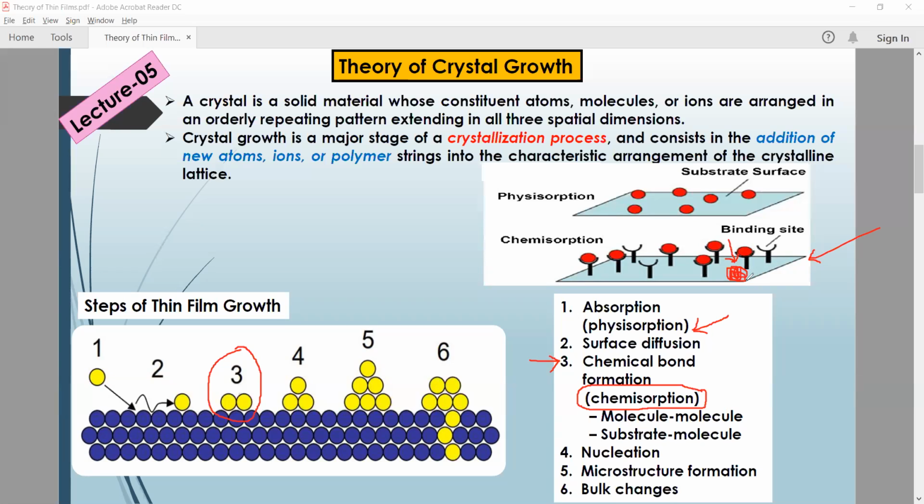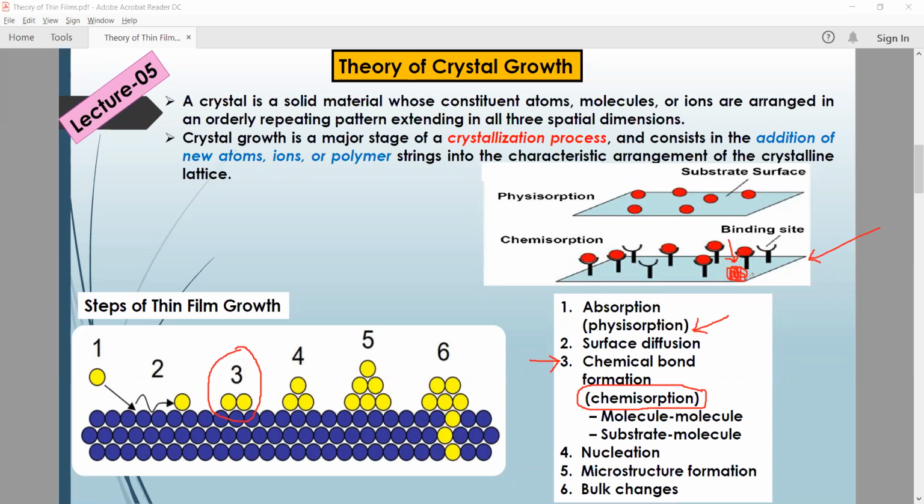Keep in your mind that during molecule chemical bond formation, both the molecules are in the same category, means both the molecules are similar.